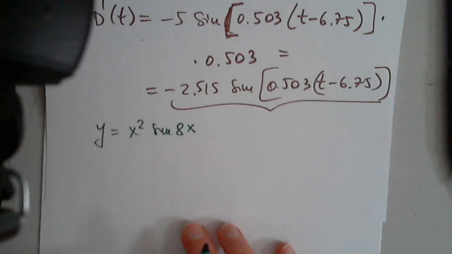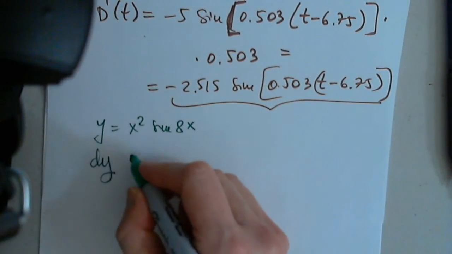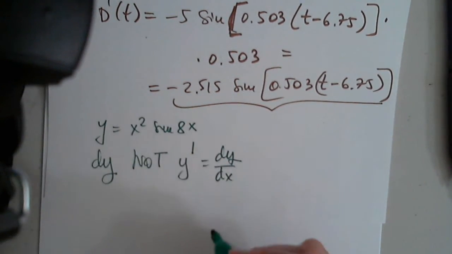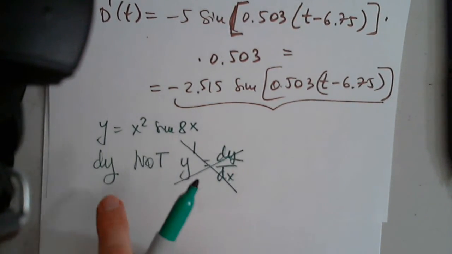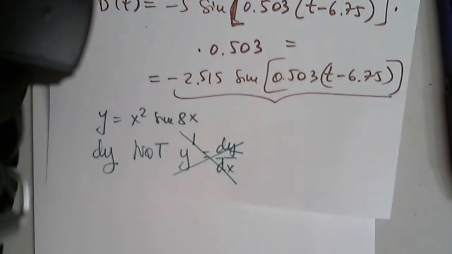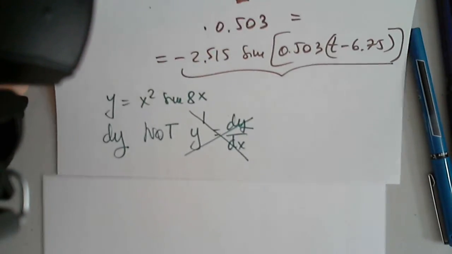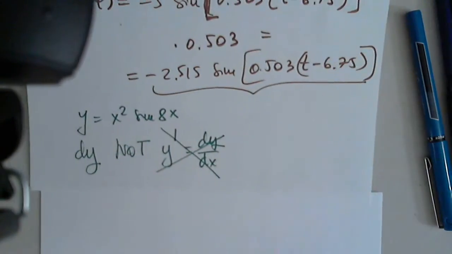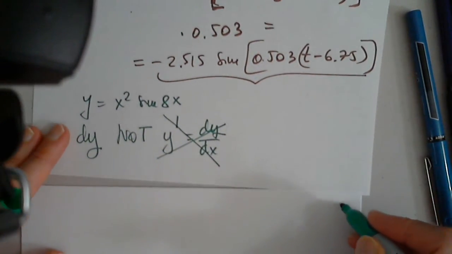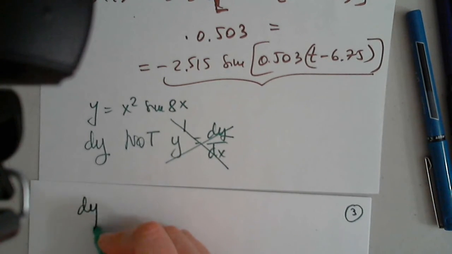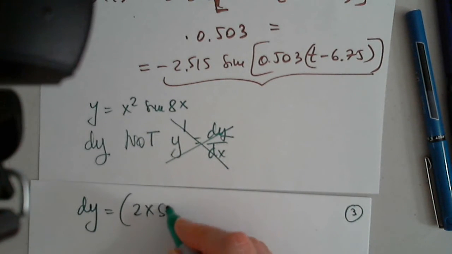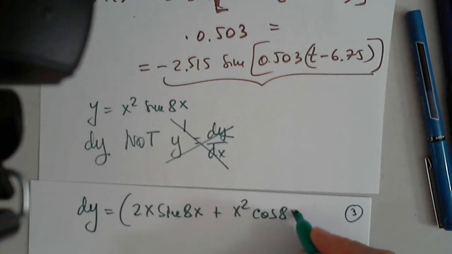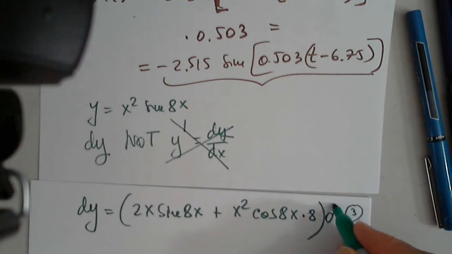Very good. So we're asked to find dy, not y prime or dy over dx. So in order to find dy, dy will be 2x sine 8x plus x squared cosine 8x times 8, times dx.